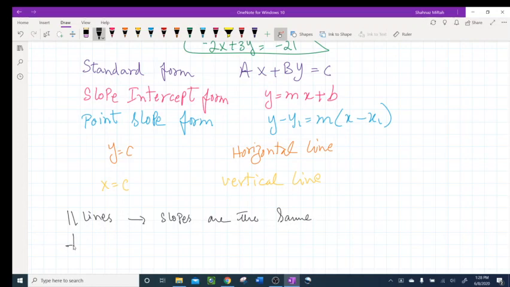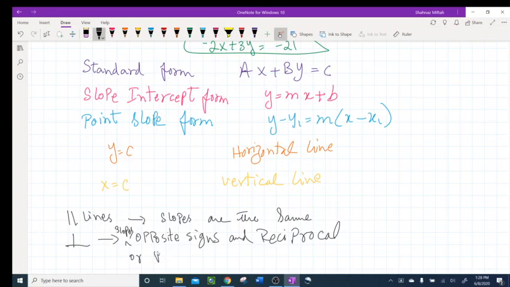For the perpendicular lines, you have two things you can follow: slopes with opposite signs and reciprocal, or you can use the product of the two slopes, which is equal to -1.